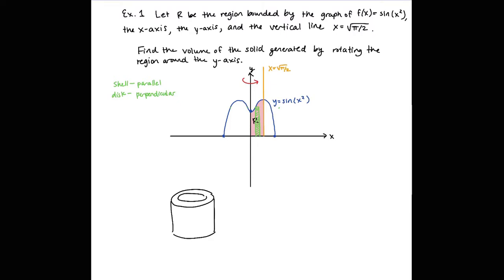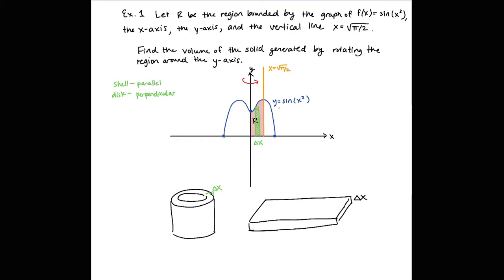Looking at what axis the rectangle has thickness on, it's on the x-axis, so it's going to have a delta x thickness. So this side is going to be a delta x. Then we cut and unwrap. Just to visualize, we cut and unwrap.